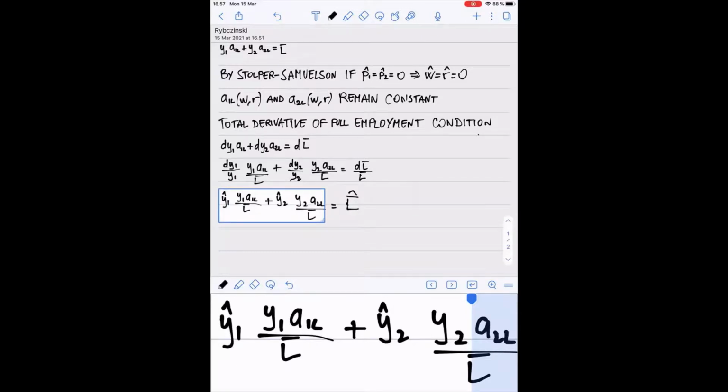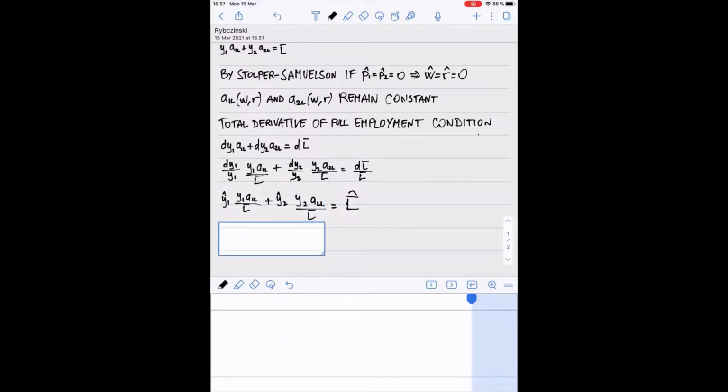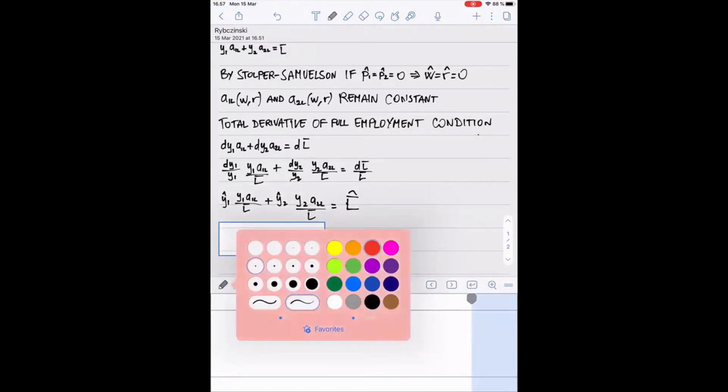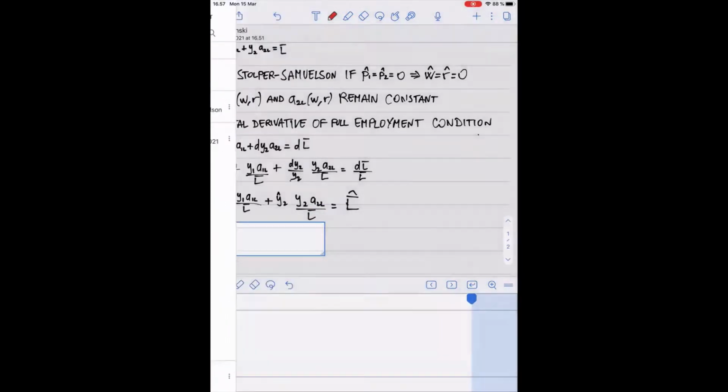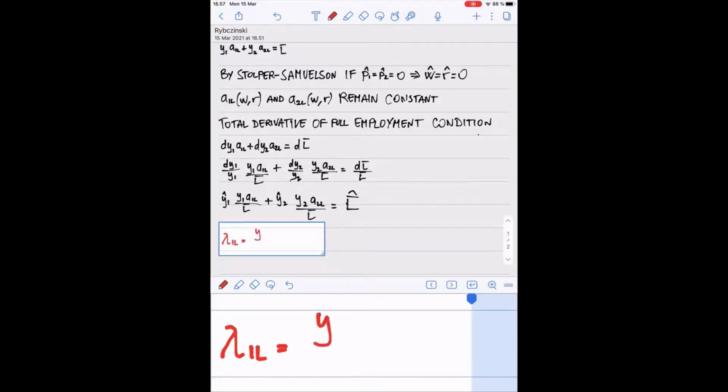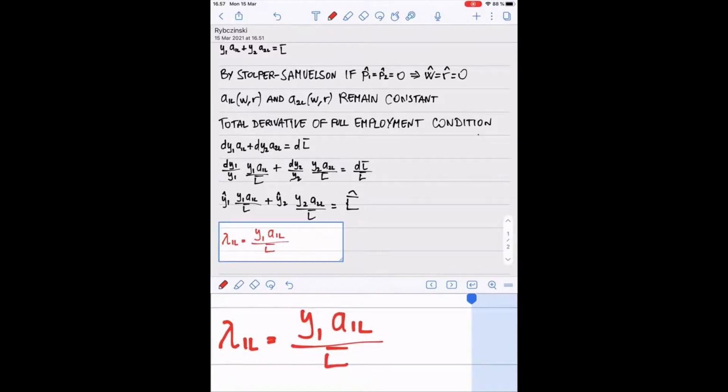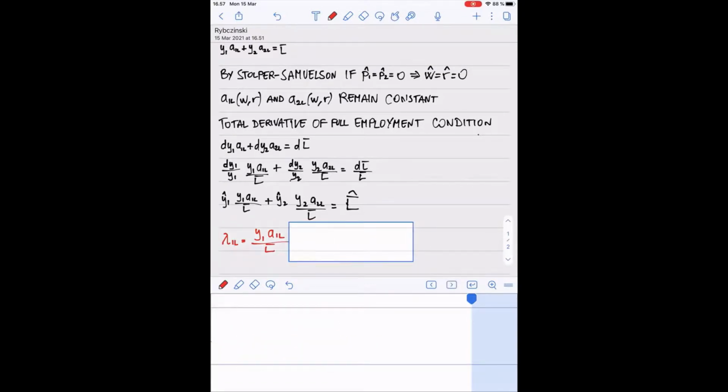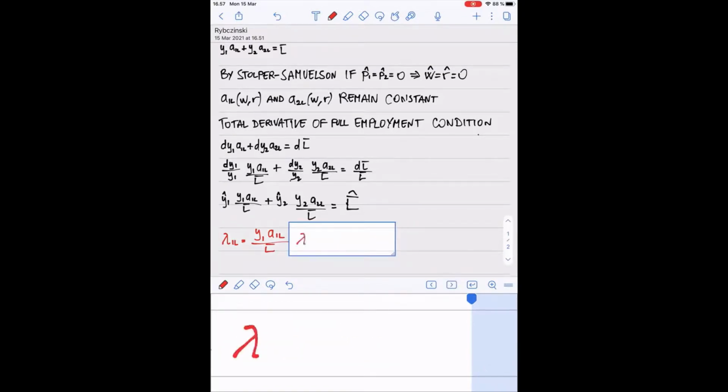Now, similarly to the Stolper-Samuelson theorem, we're going to denote with lambda 1L the ratio y1 a1L divided by L bar. And lambda 2L is going to be equal to y2 a2L divided by L bar.